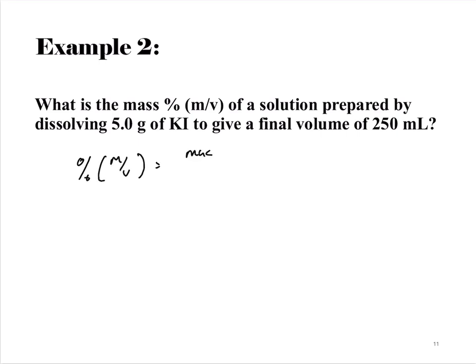It is equal to the mass in grams of solute over the volume of solution times 100. And the volume of solution is given in milliliters in this case. Okay, so why don't you guys find the mass to volume percentage?